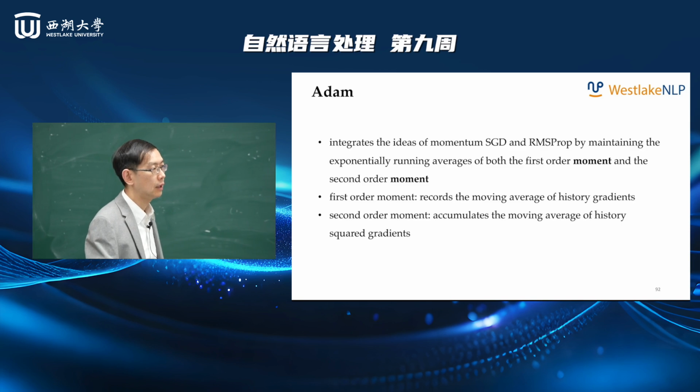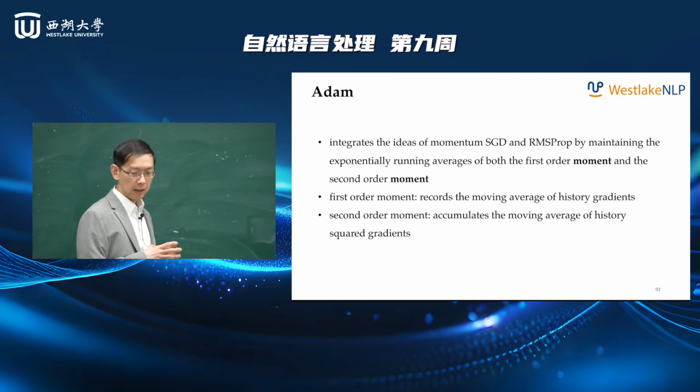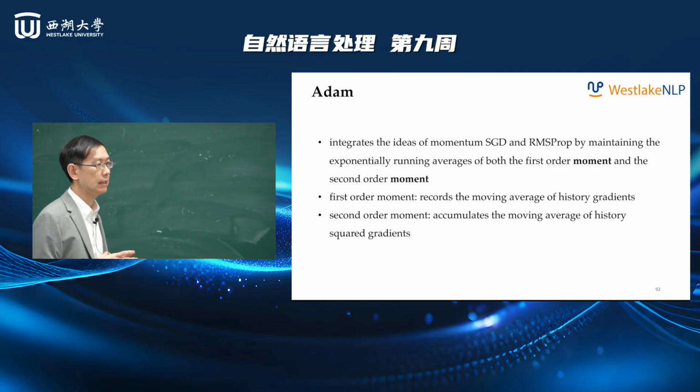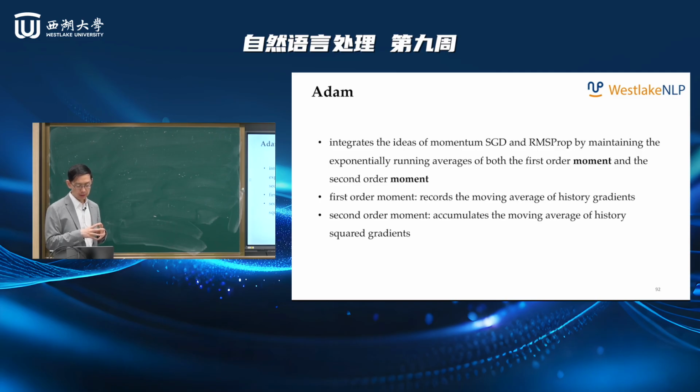The third and last SGD variant we discussed in class is called Adam. Adam is also an extension of AdaGrad. It uses the thinking of RMS prop. I accumulate history update, but in addition to this history update, I also introduce momentum.